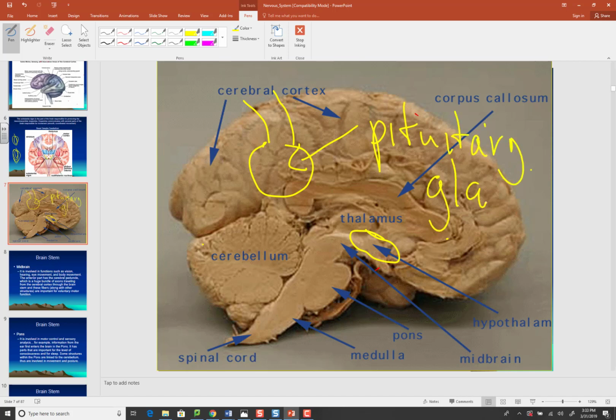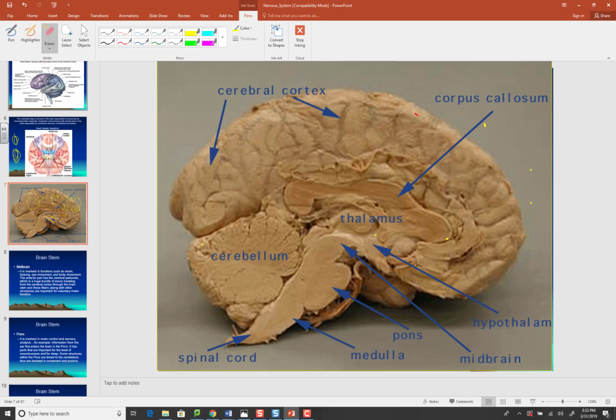The pituitary gland, under the effects of the hypothalamus, will release particular hormones that will affect different organs of the body. As you matriculate through your program, I'll explain in a little more detail just how that works.